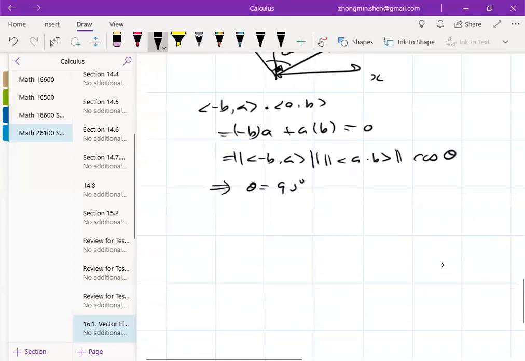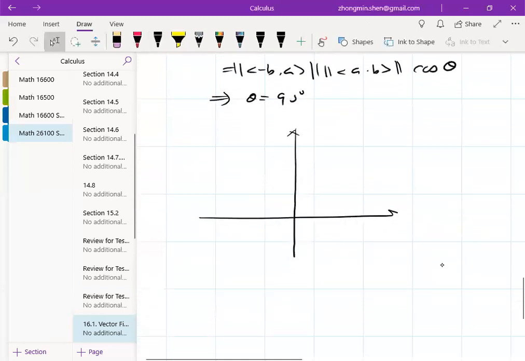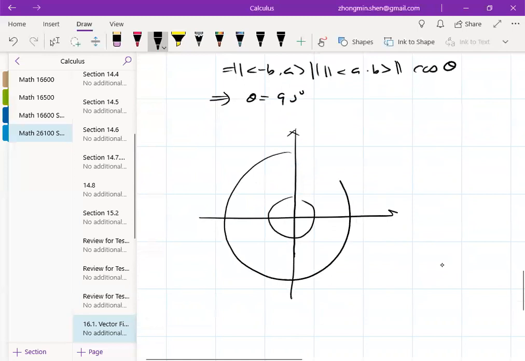All right, so once you see that, then we can draw the graph. I'm going to draw the graph around circles, gradually increasing in size. The reason is that along each circle, the length of the vector is always fixed.